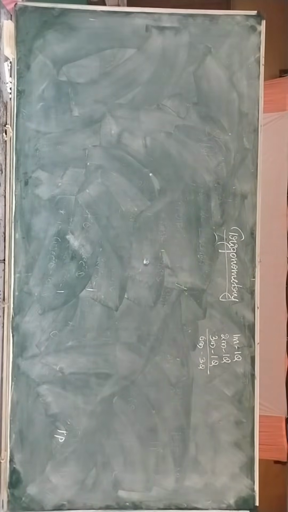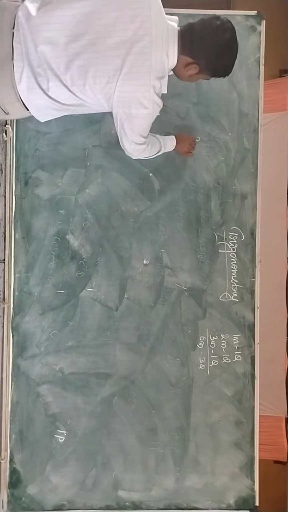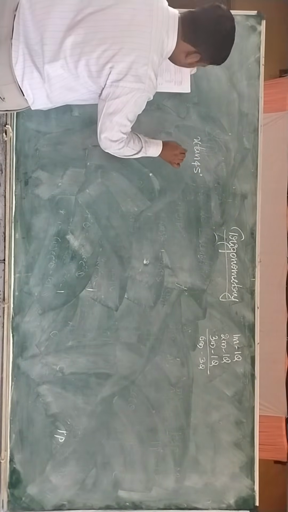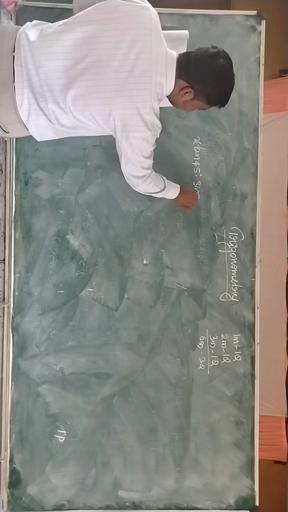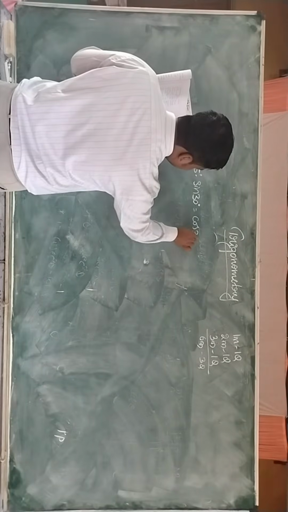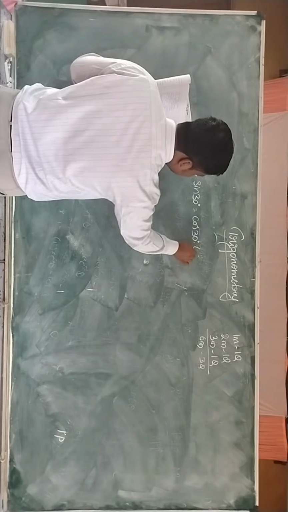So the first example. If x into tan 45 degree into sin 30 degree is equal to cos 30 degree into tan 30 degree.